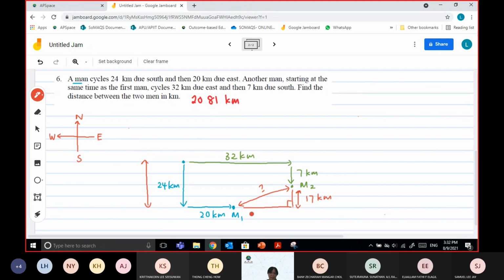Then how about the length here? 12. Okay, 12 km. Then I think we can solve using the theorem of Pythagoras to find the length here. So the distance will be the square root of 12 squared plus 17 squared, so we get 20.81 km. So this is a simple one, right?